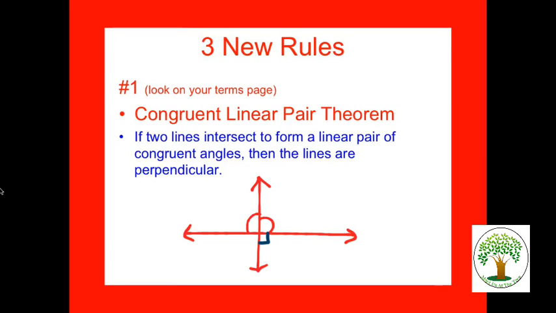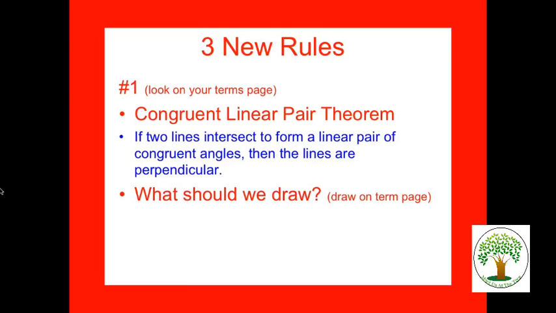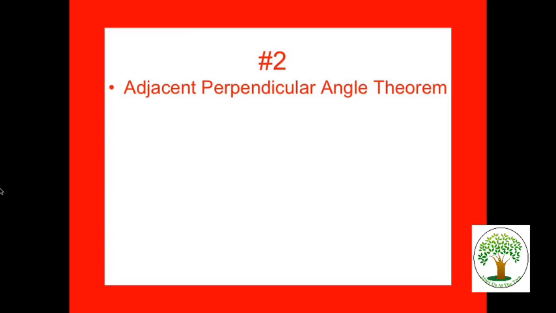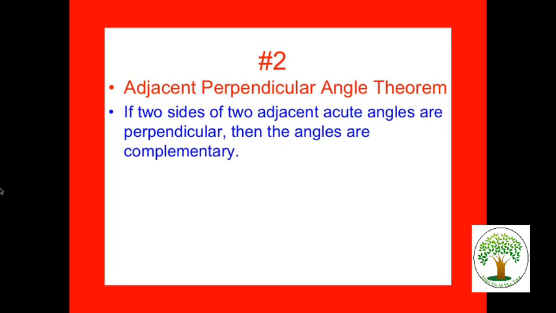Number 2. I already drew it. Put it on your sheets. Okay, here we go. Adjacent perpendicular angle theorem. You should see that on your page there already, and there's room to draw next to it. This is what it says. If two sides of two adjacent acute angles are perpendicular, then the angles are complementary.